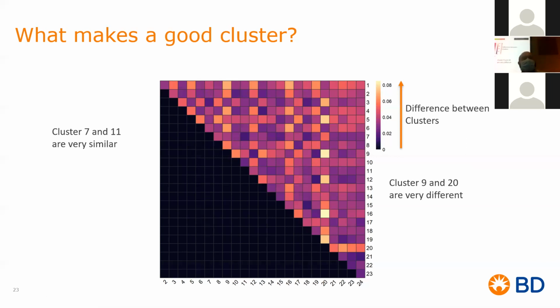You can see that's very light in color, meaning that the cluster is very different. However, cluster 7 against cluster 11, which is right here, is very dark, meaning that those 2 clusters are very similar.